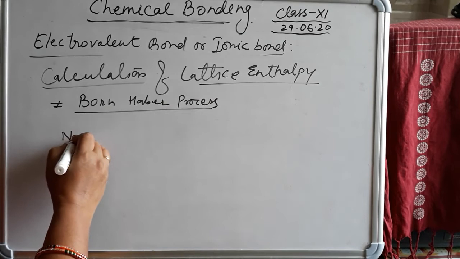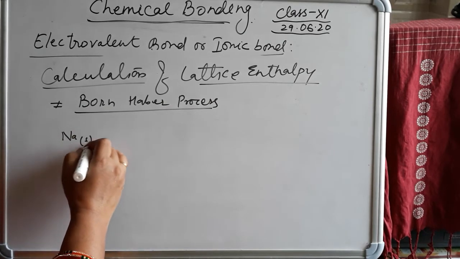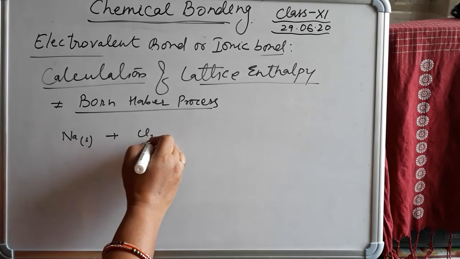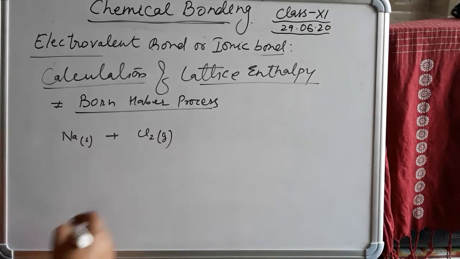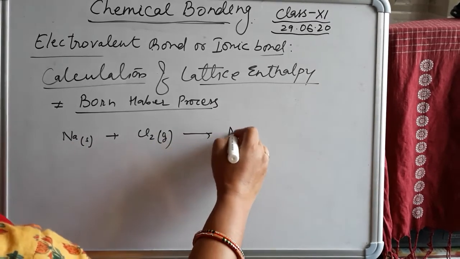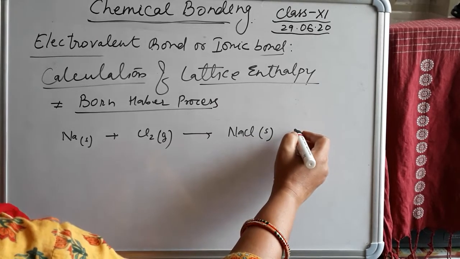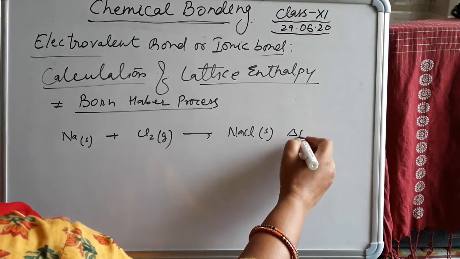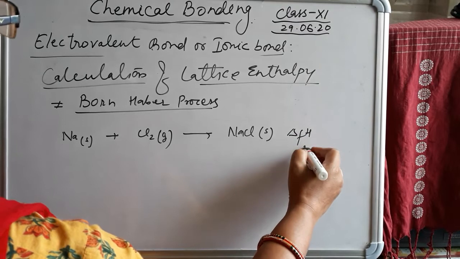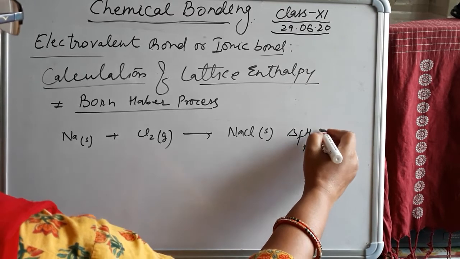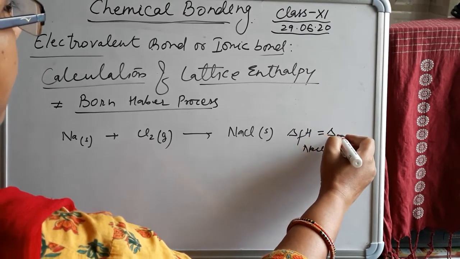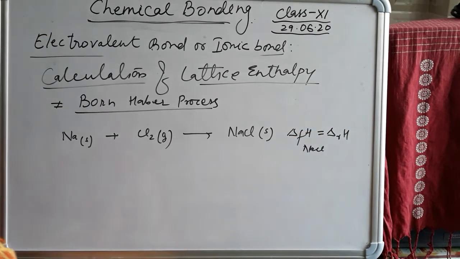Suppose sodium in the solid state reacts with chlorine, which is in the gaseous state, to form sodium chloride in the solid form. And suppose the enthalpy of formation of NaCl is equal to the enthalpy of reaction.